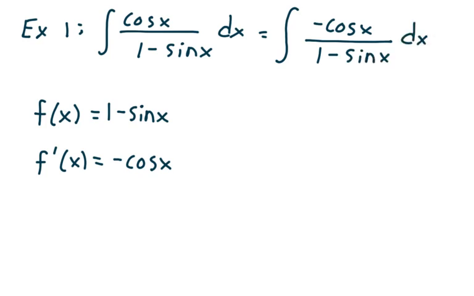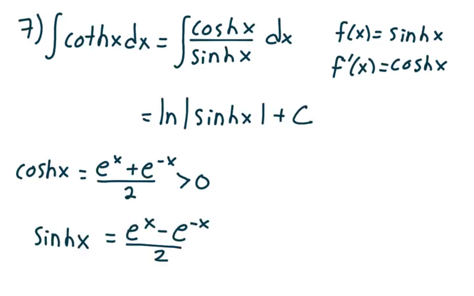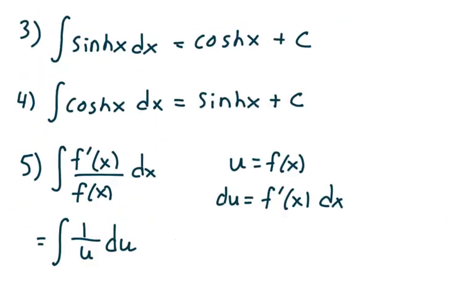But I can't just do that. I can't just put a negative inside the integral like that without offsetting it by a negative on the outside. Because remember, a negative 1 times a negative 1 is a positive 1, and then I don't change the problem on you. And then I want to circle back here to number 5.